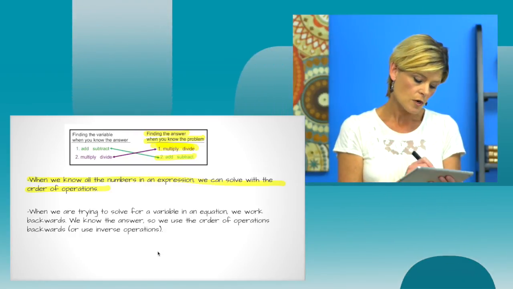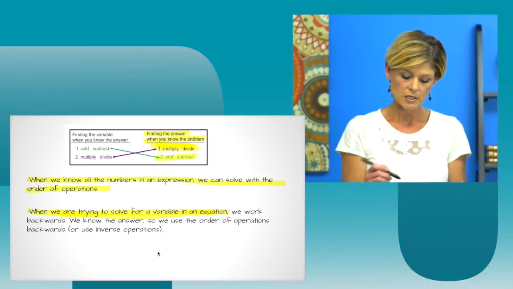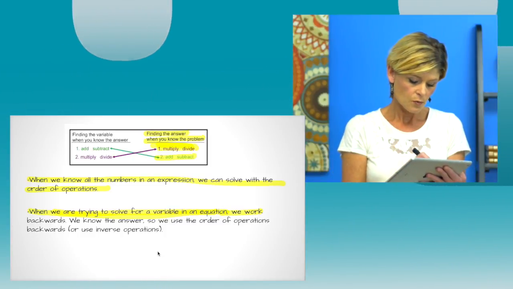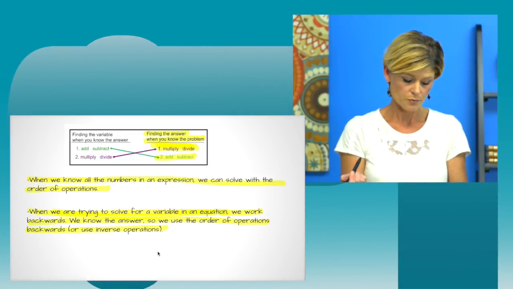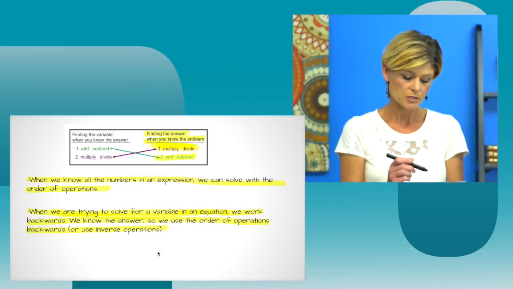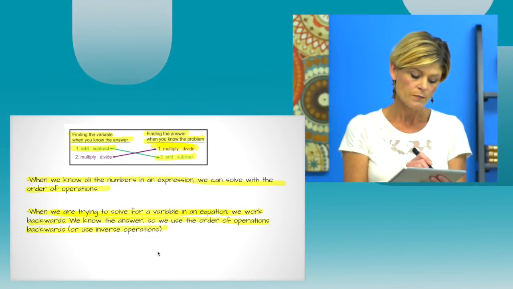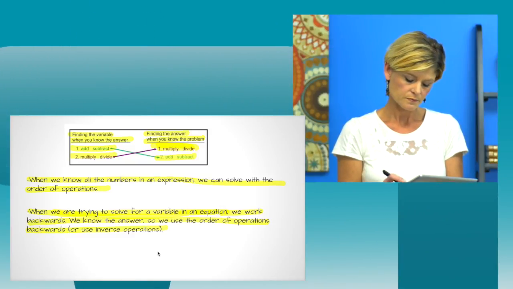However, if you are trying to solve for a variable in an equation, you're going to do the opposite, or work backwards. We know the answer, so we use the order of operations in reverse. It's called inverse operations. So when we are finding the variable, when we know the answer, first we add and subtract, and then we multiply and divide.